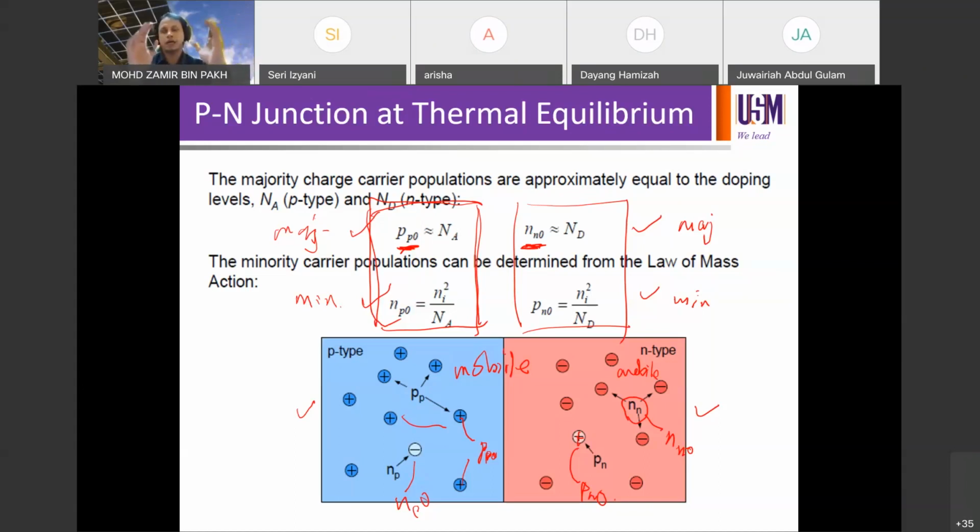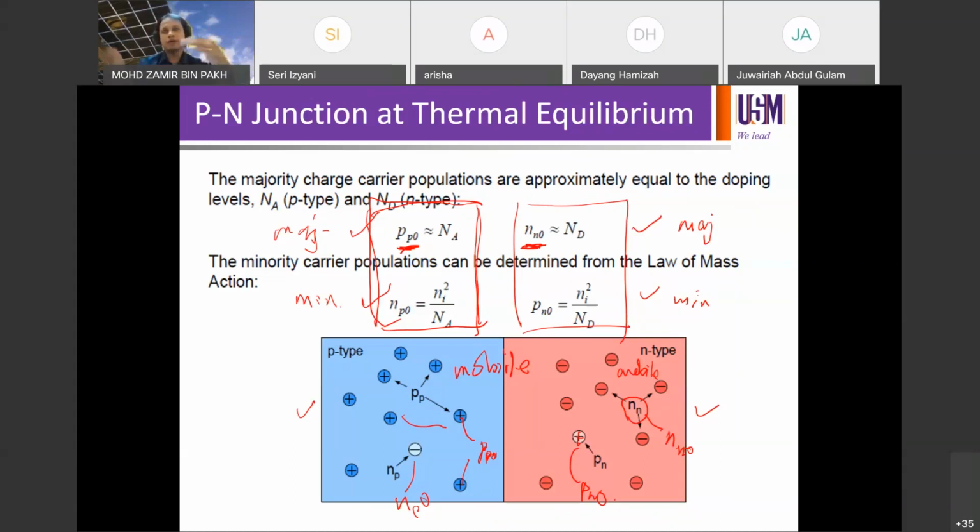The moment the holes are now in n-type, due to the diffusion, the holes now become minority carriers. And the same goes for the electrons. Electrons were the majority carriers in n-type, but the moment they diffuse into p-type, they now become minority carriers. You have to be clear of this, because we're going to do a lot of calculations on the minority carriers in the opposite material.